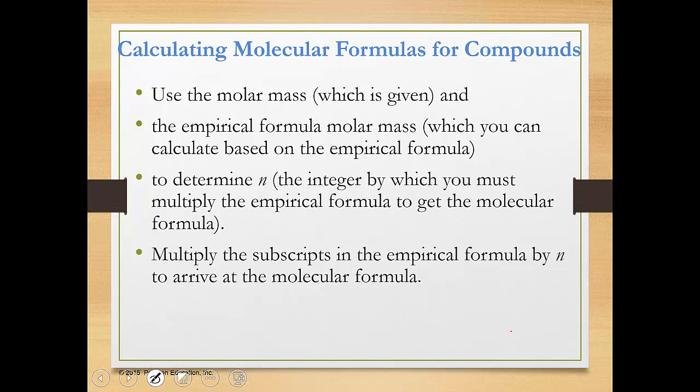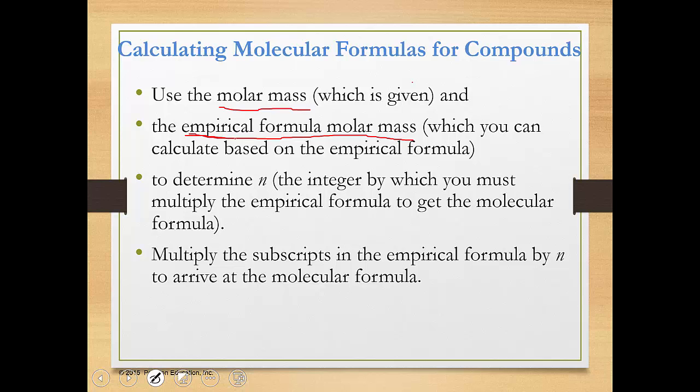All right, so let's summarize finding a molecular formula for a compound. You'll need the molar mass of the compound. That will have to be given to you. If you don't know the molecular formula, they'll have to give you the molar mass. They or I, somebody will have to give that to you. You'll need an empirical formula, and you'll need the empirical formula molar mass.